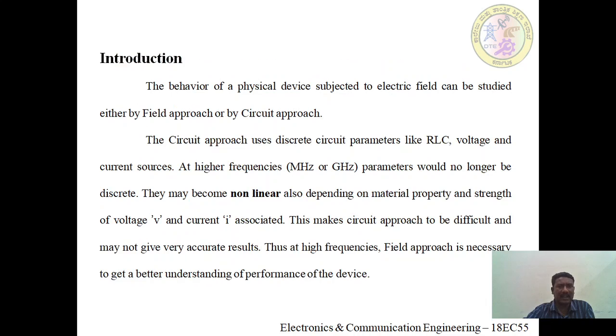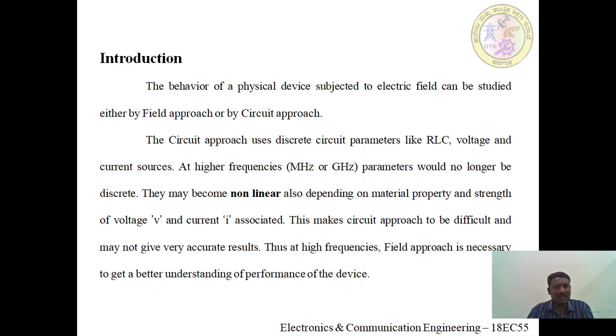Let us take up the introduction to electromagnetic waves. The behavior of a physical device subjected to an electric field can be studied either by a field approach or by a circuit approach.